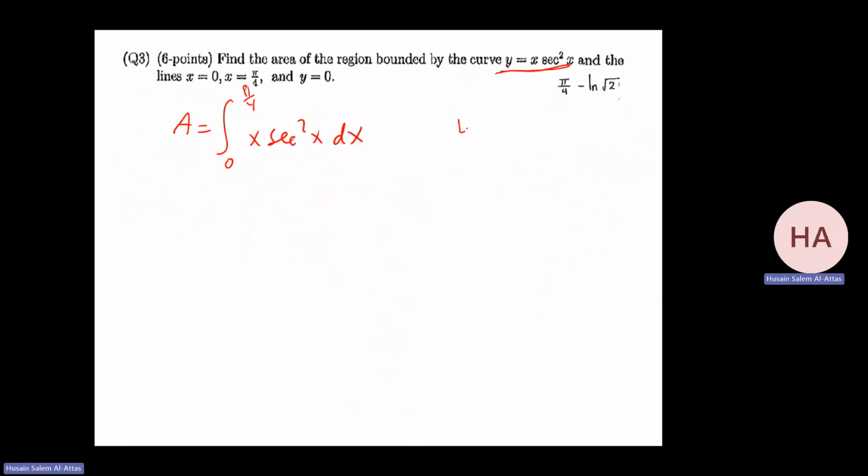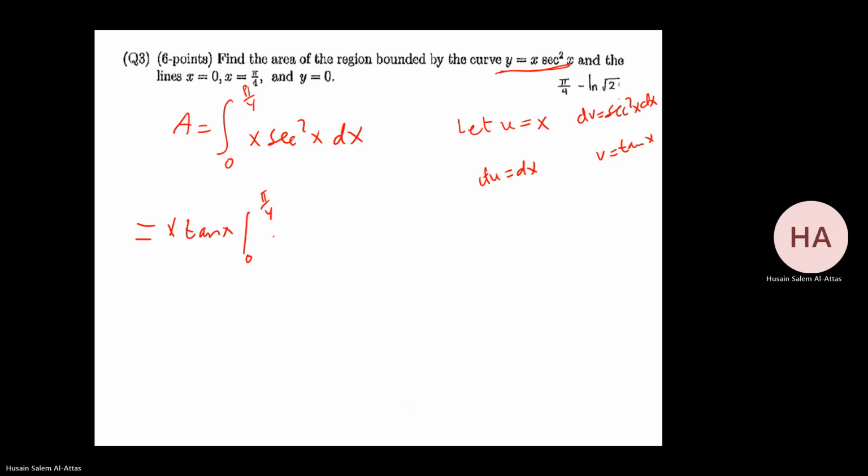So I let u be x and dv will be secant squared x dx. So v equals tan x and du will be dx. So that is x tan x from 0 to pi over 4 minus the integral of tan x dx.